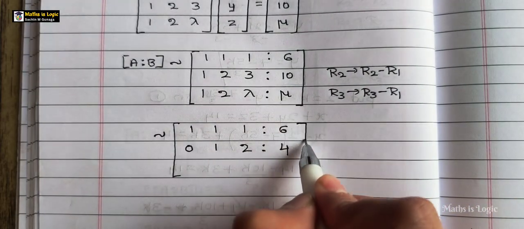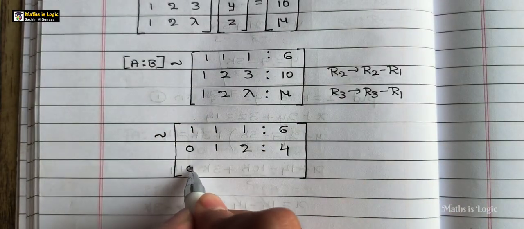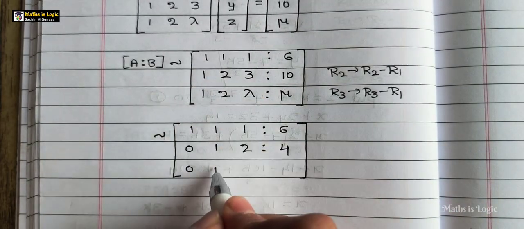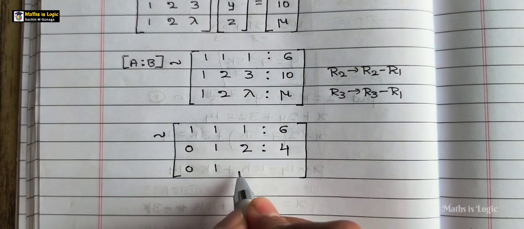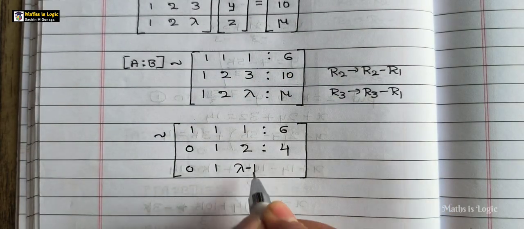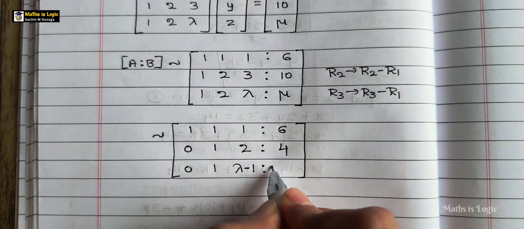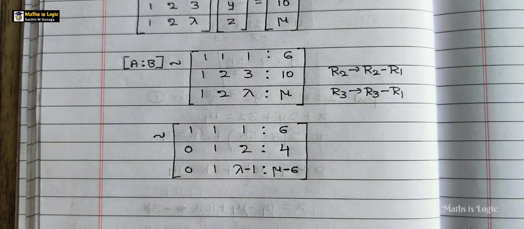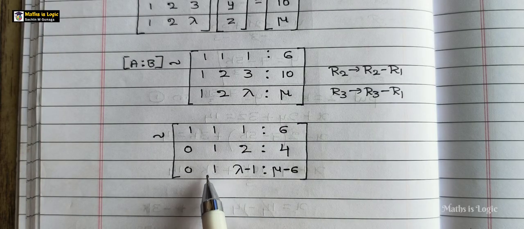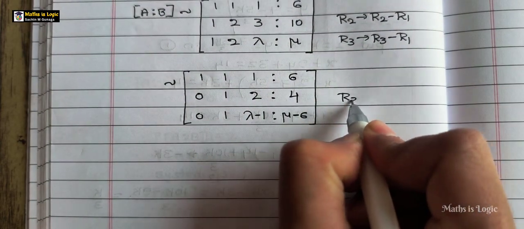Next R3 minus R1: 1 minus 1 is 0, 2 minus 1 is 1, lambda minus 1, lambda minus 1. Next mu minus 6. So right here mu minus 6. Now in the third row, this second element, we should make it 0. So for that apply the row transformation.